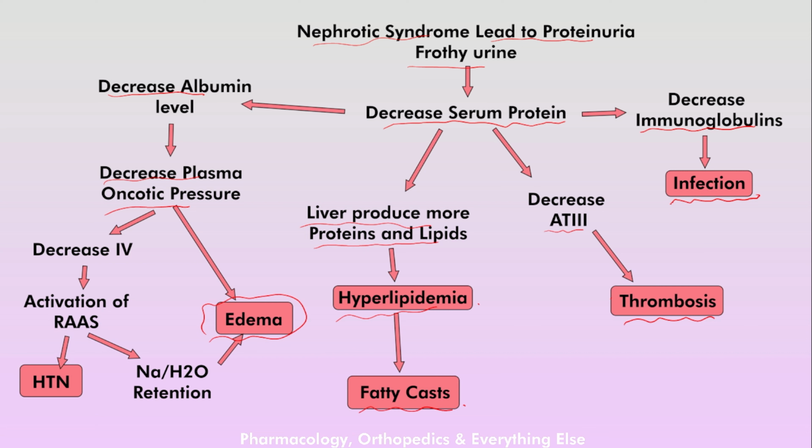And also because the fluid in the circulation is being lost out of the circulation into the tissues, this would decrease the intravascular volume. And because of that, this would lead to activation of the renin, angiotensin, aldosterone system, because there is not enough blood reaching the kidneys, so the kidneys would activate the RAS system in order to make the blood reach them.